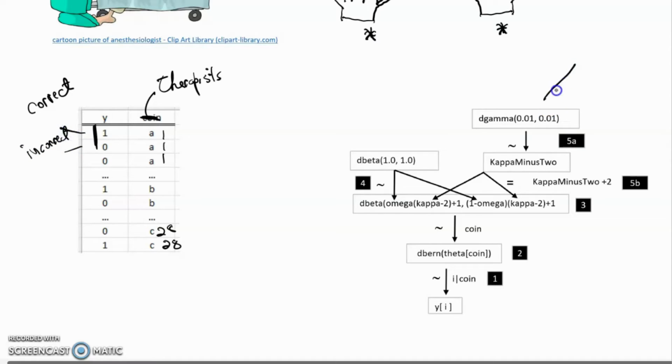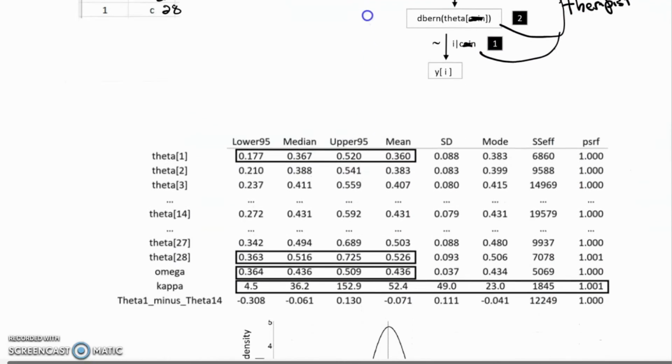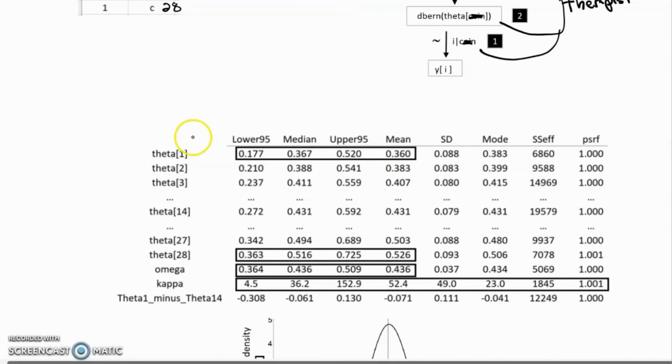Our flow chart is going to be essentially the same, except that instead of coin, in all these 3 cases, we're going to have therapist. If we look at our results, what we get are a series of thetas for each one of our 28 therapists.